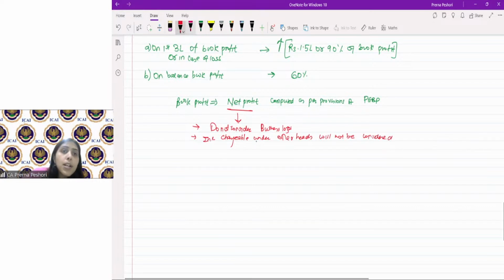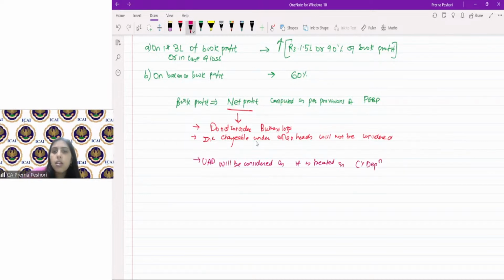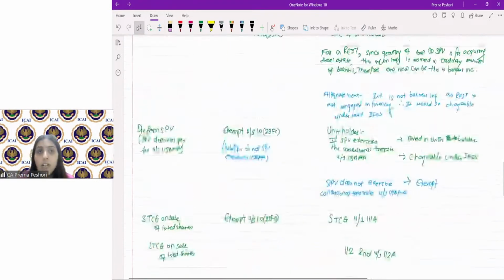But what you will consider is UAD, as it is treated as current year depreciation under section 32 subsection 2. So while calculating the net profit, you will minus the UAD. Are we clear?